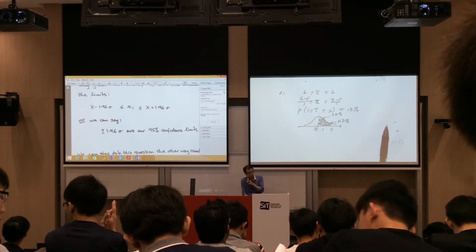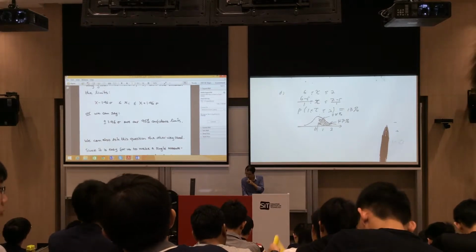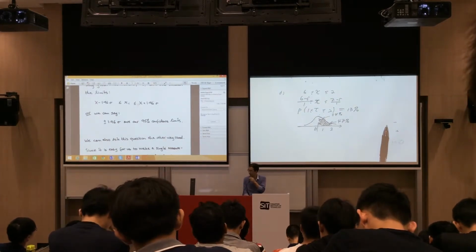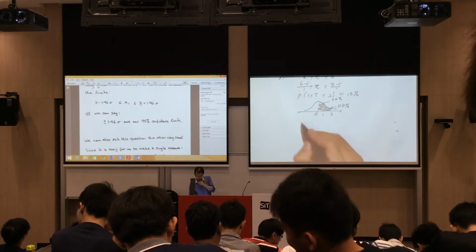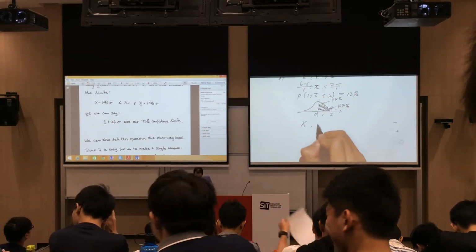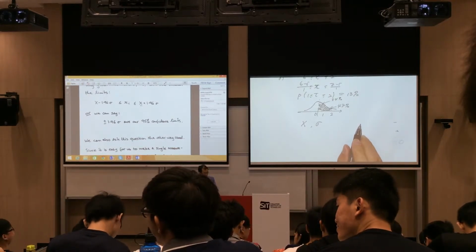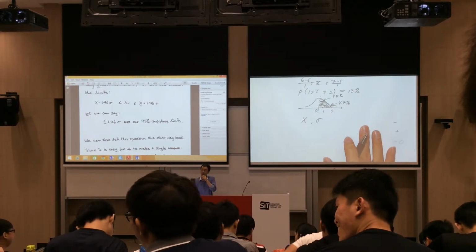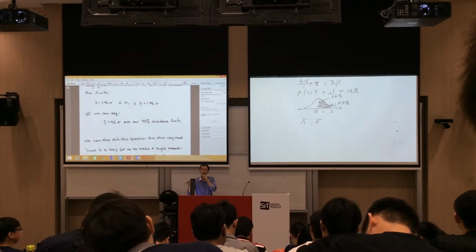Okay, this part actually is a bit easier to understand. Basically, if you are given the mean value and the standard deviation, you can tell, let's say, what is my 95% confidence limit.